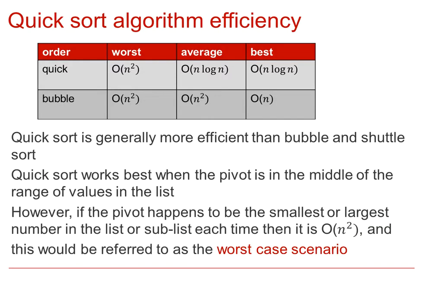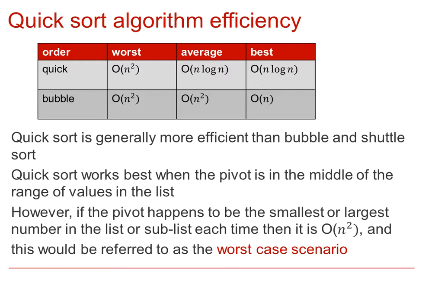So the worst case scenario for both quicksort and bubble sort is order n squared. And indeed the bubble sort average is order n squared and the best case scenario is order n. Whilst for the quicksort the average is order n log n, which is the same as the best case scenario.